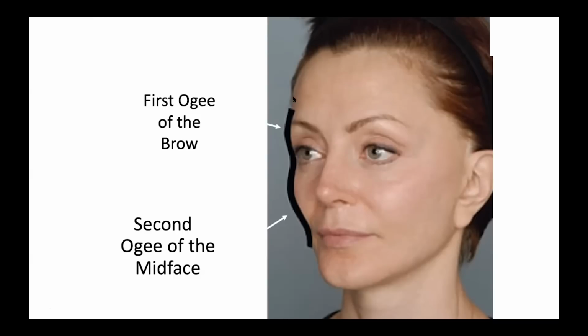As in youth, the brow extends a little forward, and then it comes in, and that's the end of the first OG at the lateral canthus here. The second OG is this nice smooth contour of the lid-cheek, and then it comes in again in that heart shape of the mid face.